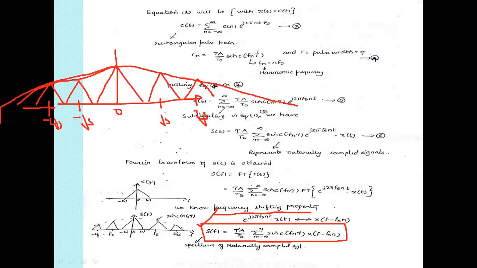Ideal sampling, instantaneous sampling, which we discussed previously, is very good, but practically it is not possible. We need to overcome the pulse width of 0 and the very high noise interference. To overcome these, we move to natural sampling.